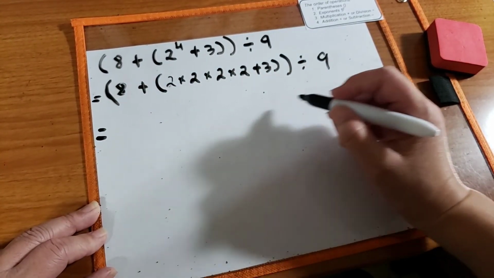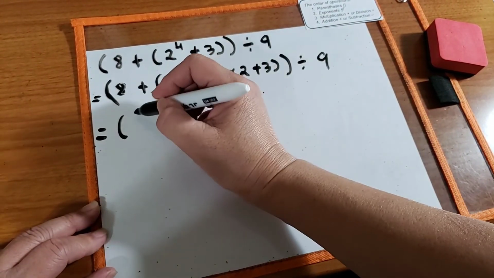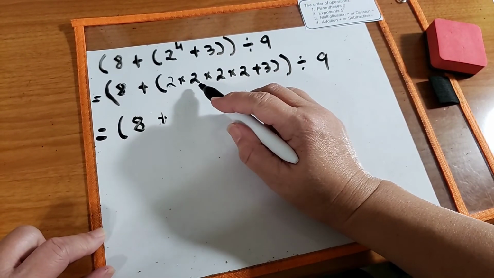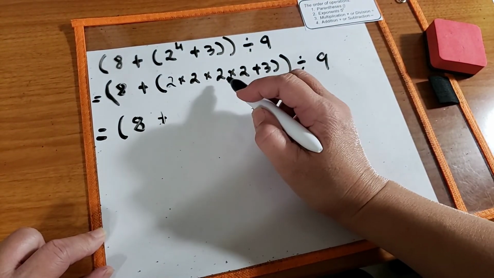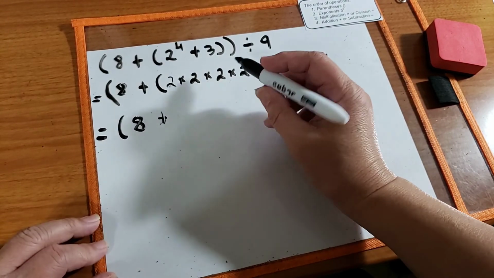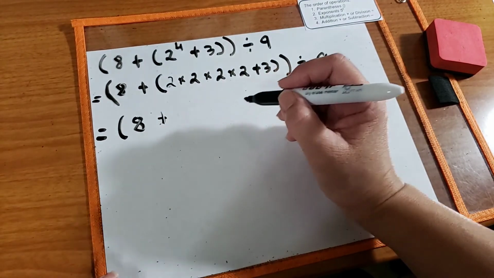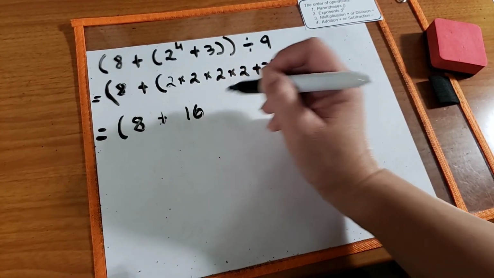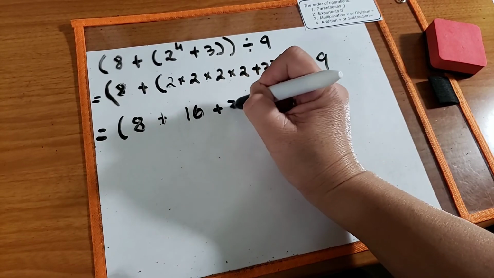Now I'm going to solve this. Here's 8 here, plus here, 2 times 2 is 4. 4 times 2 is 8. 8 times 2 is 16, right? So here's 16. Did I have a 3? Okay, here's 16, plus 3 here, right?